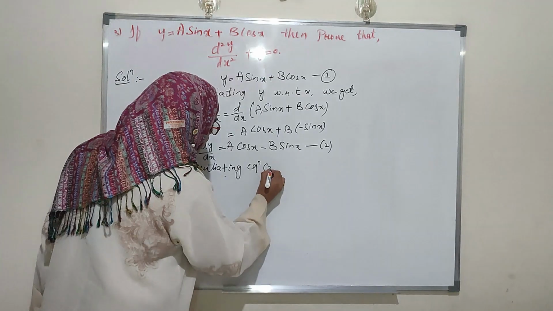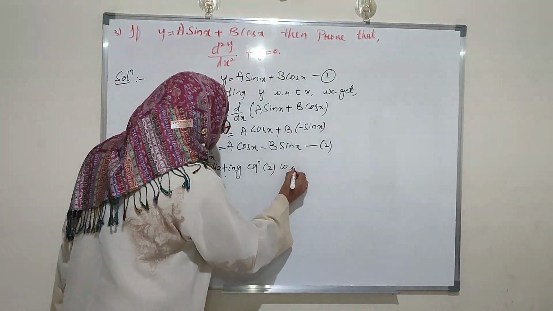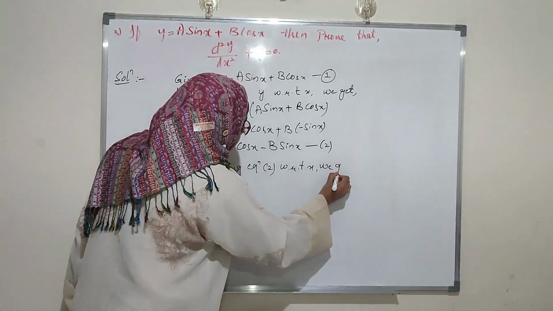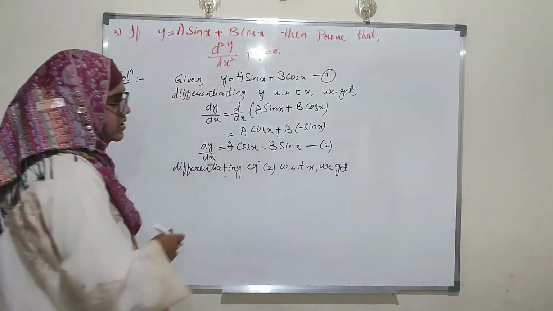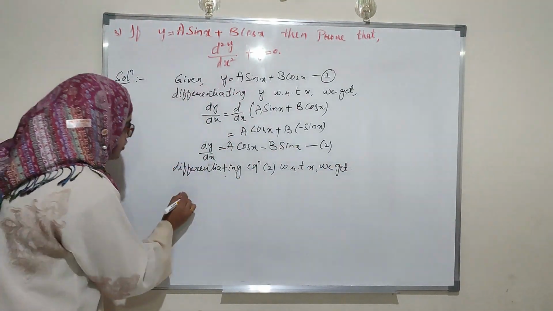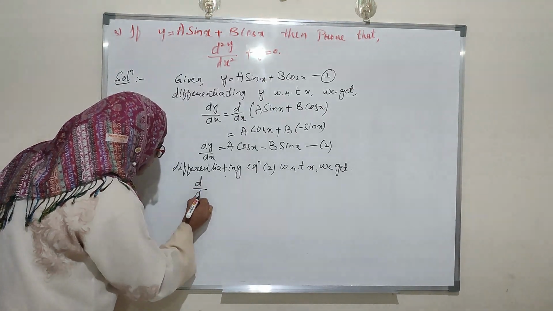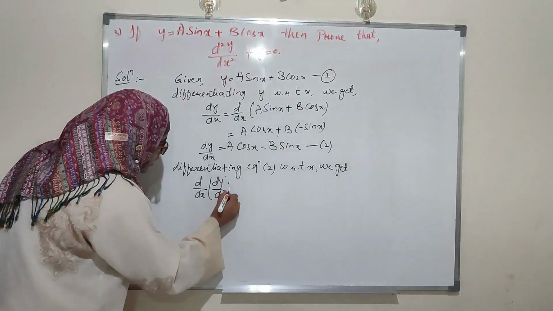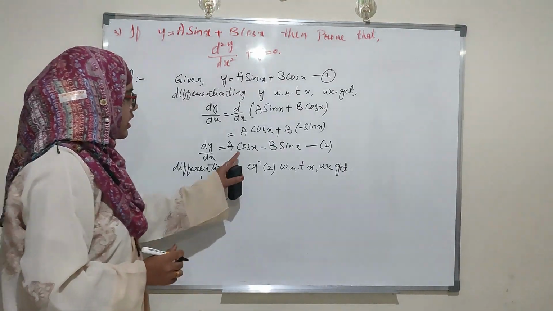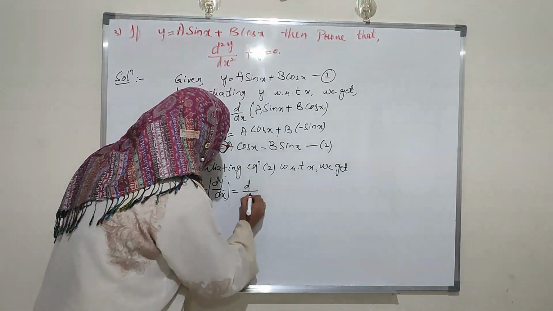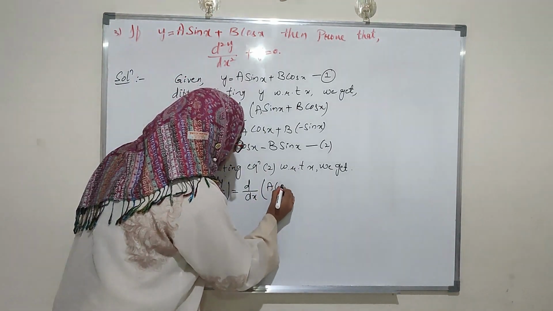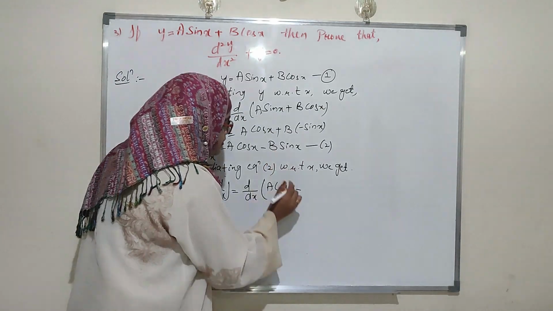We get d by dx of dy by dx, that is d2y by dx square, is equal to d by dx of a cos x minus b sin x.